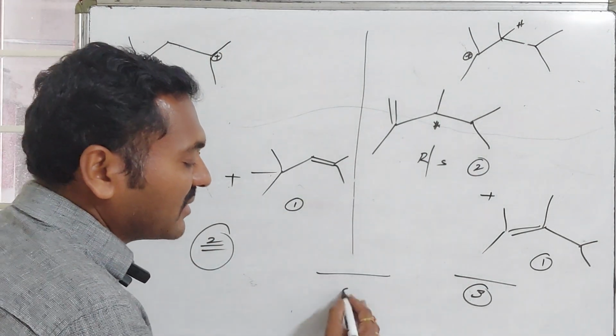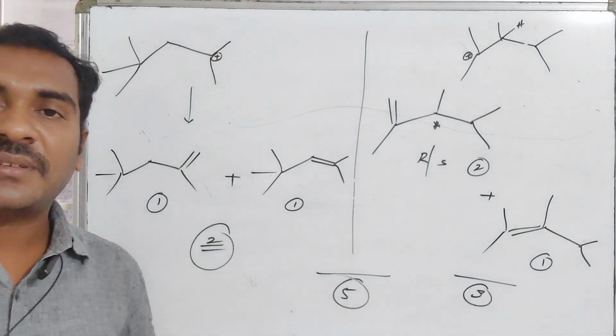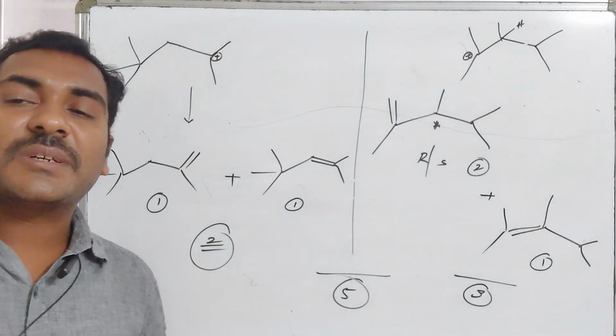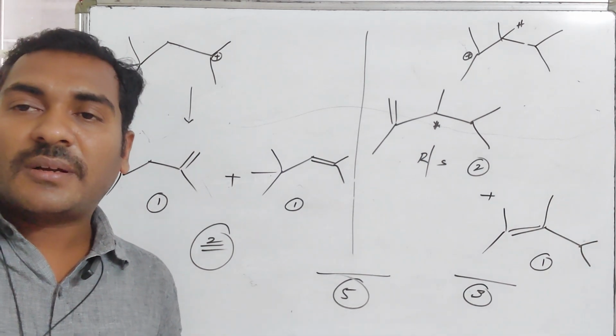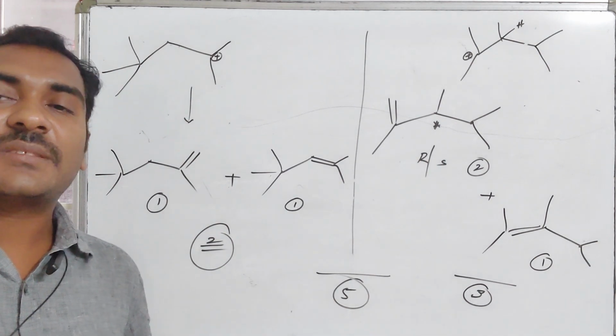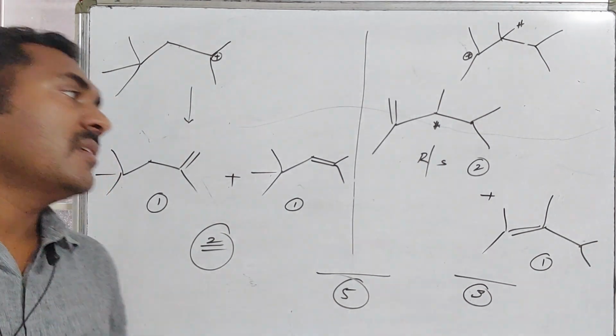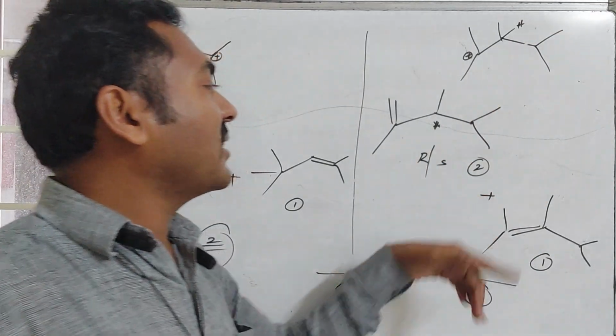All together, on mixing one with the other, five varieties of compounds are formed. So the total number of possible compounds formed from the 2,2,4-trimethylpentan-3-ol system is five varieties of alkenes. Out of them, two are enantiomers of one another.